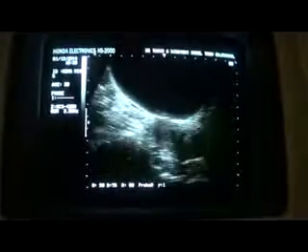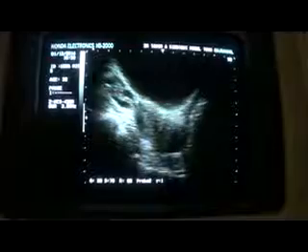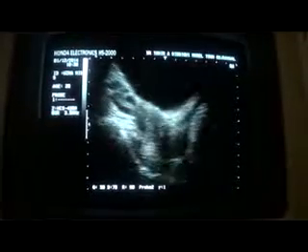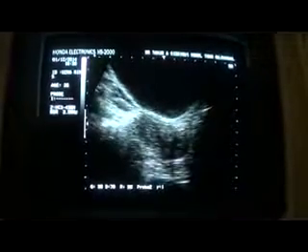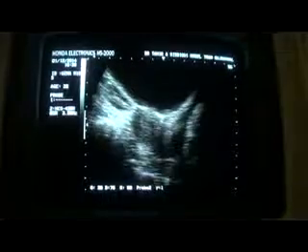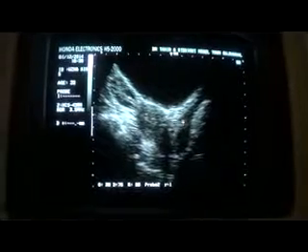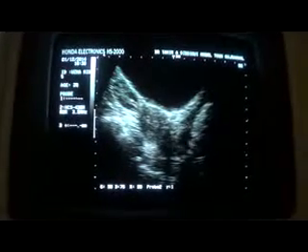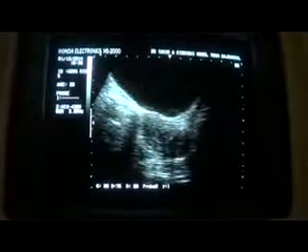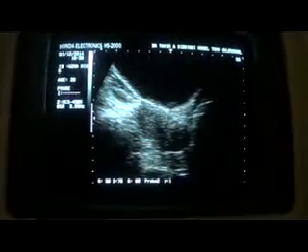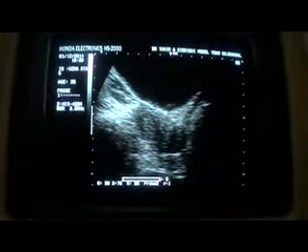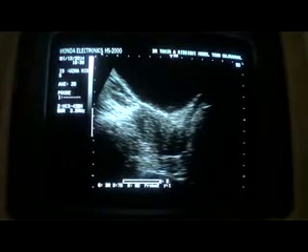Now we will have to see the cervix. Is there one cervix? I have aligned the uterus with the vagina, and you can see that this is the cervix, this is the vagina, this is cervix number 1, and now you see there are 2 cervixes.